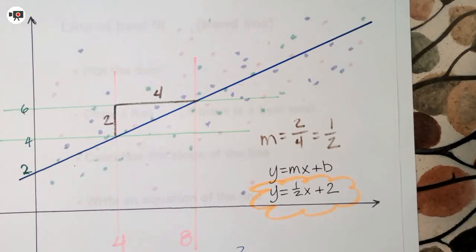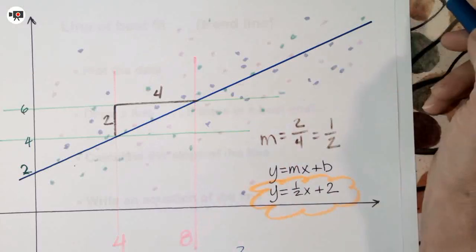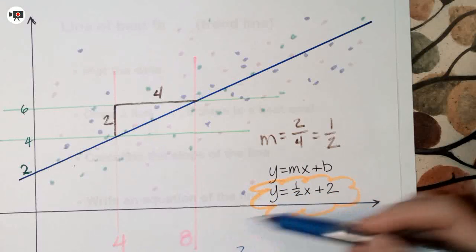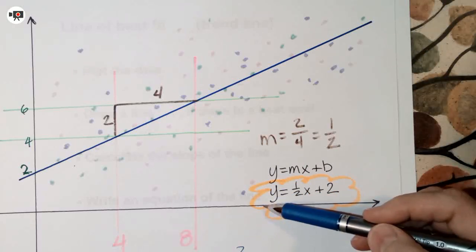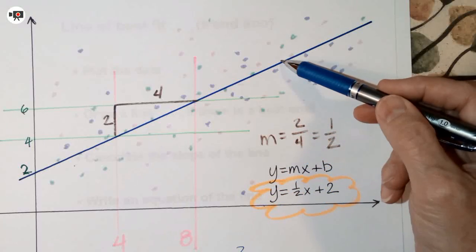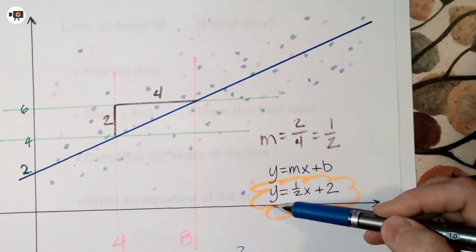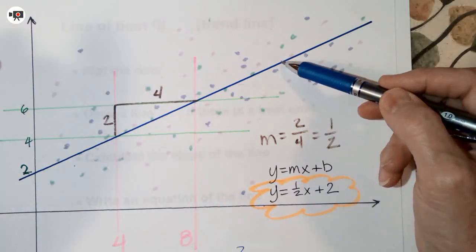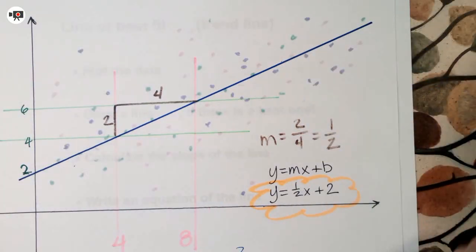So how would I find that out? Well, I could draw it longer, but I ran out of paper. Say, for example, if I just wanted to do 12, I could go up from 12 to the line, and it would be at 8. So I would predict that after 12 units the corresponding y value would be 8. What if it's going to be 20?